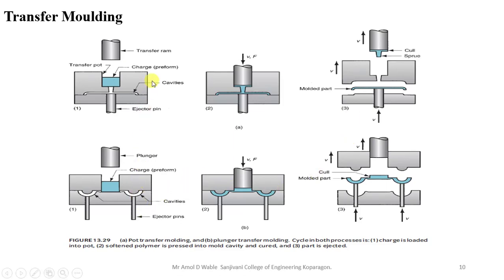Basically here the charge is injected through the sprue and through a chamber, whatever space is provided, which we can call a chamber or a pot. From the pot it is directly transferred to the cavity. Both work the same way; the first is called pot transfer molding and the other is called plunger transfer molding cycle.